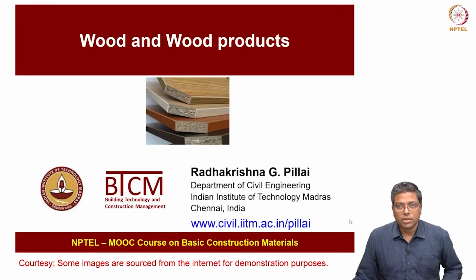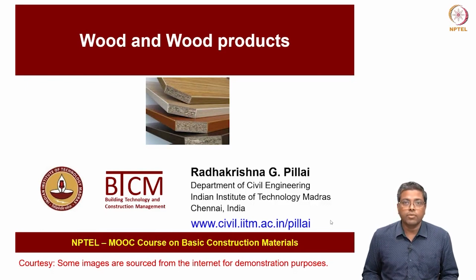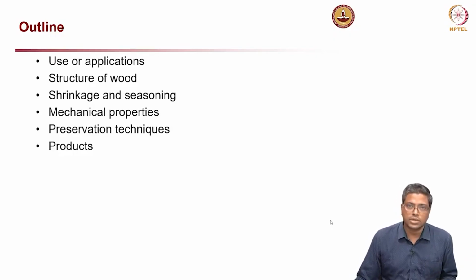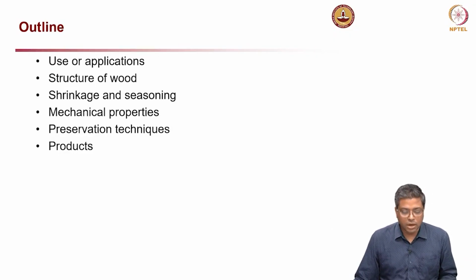Hi, I'm Radhakrishna Pillai from IIT Madras. As part of this MOOC course on basic construction materials, today this lecture will cover wood and wood products. We will talk about the use or applications of wood, and then look at the structure of the wood, how it is made, and then look at shrinkage and seasoning, like shrinkage related problems and how to address them.